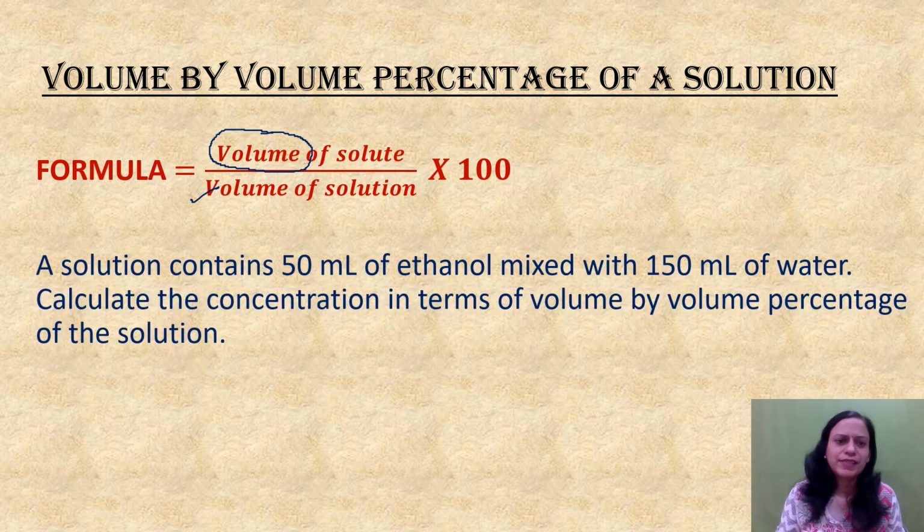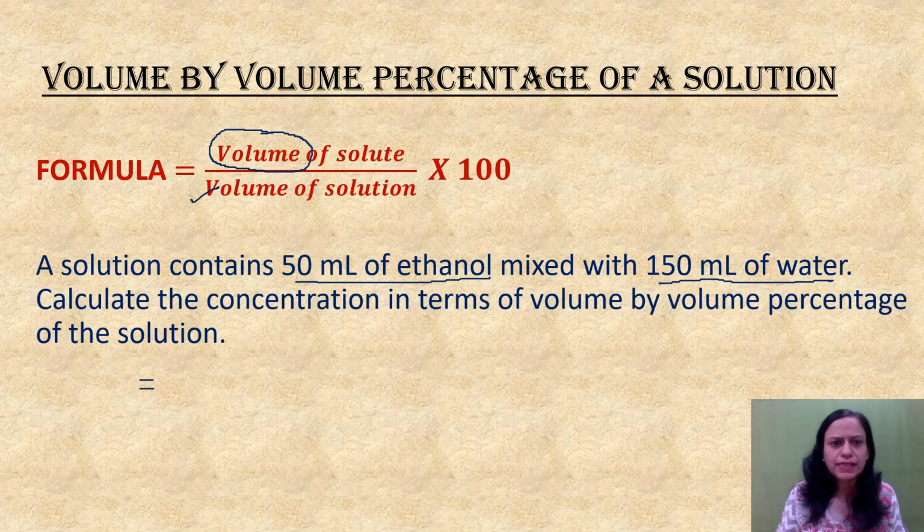So here comes the question. A solution contains 500 ml of ethanol mixed with 150 ml of water. Calculate the concentration in terms of volume by volume percentage of the solution. So in this question, both the components are liquid and the volumes of both the components have been given. So using the formula, what do we get?